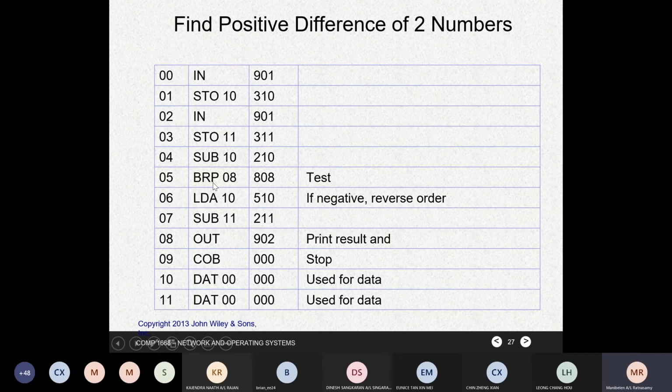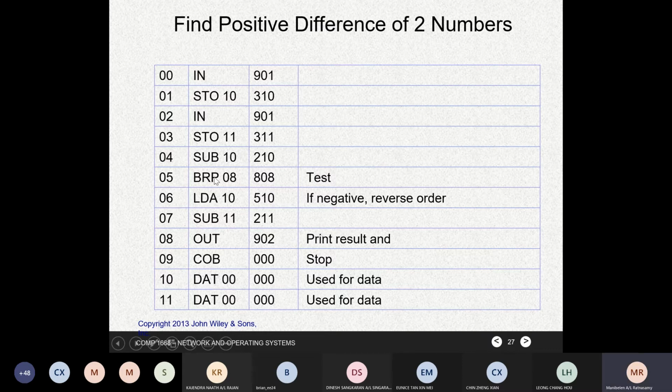Then you do a test. If positive, you do a test. What test? You branch out to 08. If the output is positive, you print result. 902 is output, isn't it? You output, you print the result.